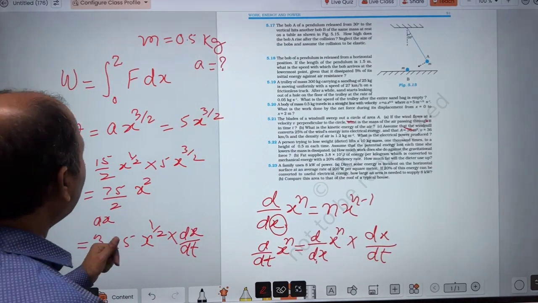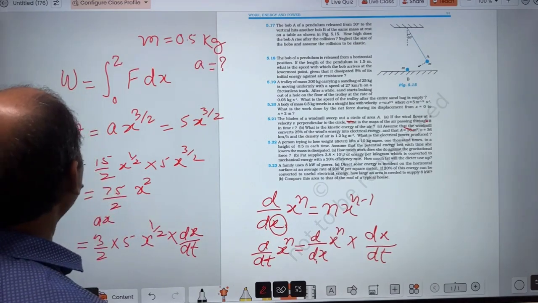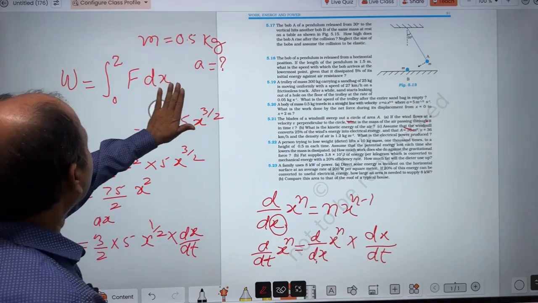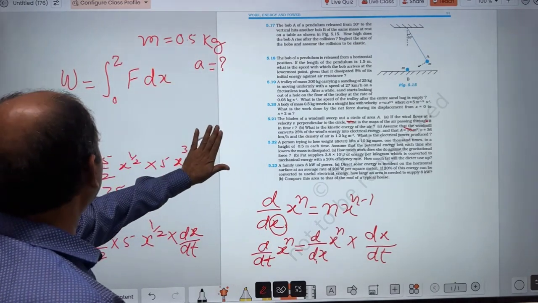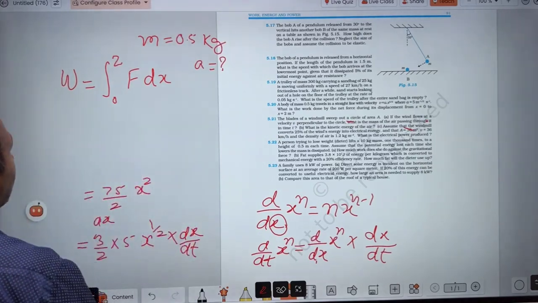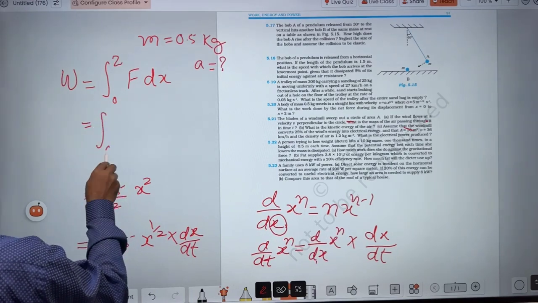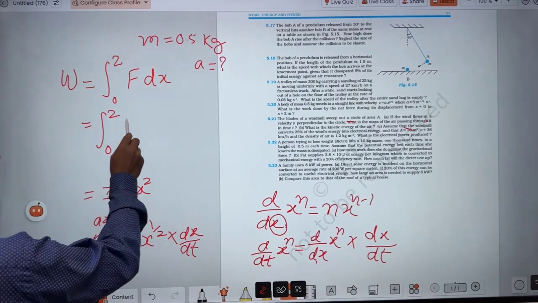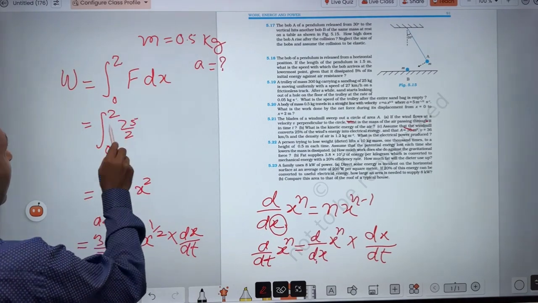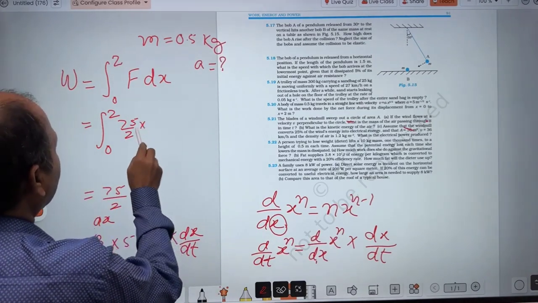So mass is given as 0.5 kg and you have got the expression for acceleration. So you can evaluate it. So work W from 0 to 2, and then write this value. This is acceleration. So first you write mass.